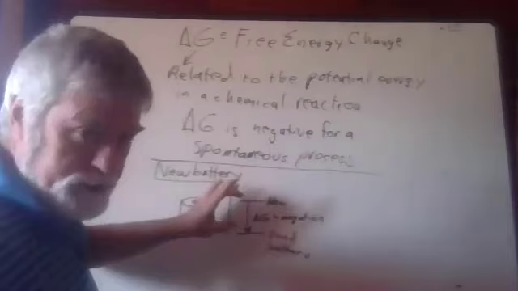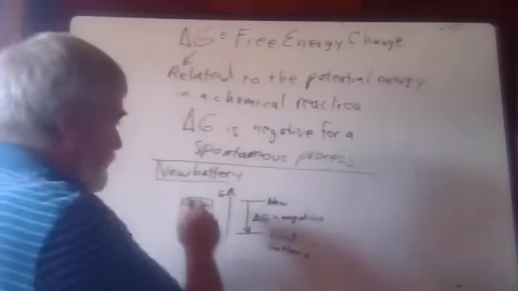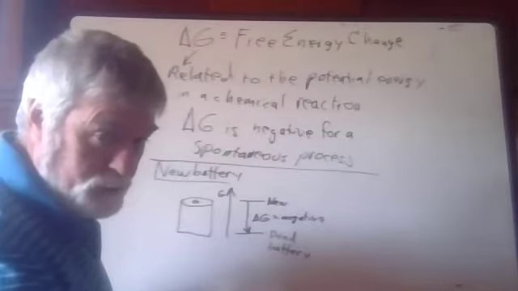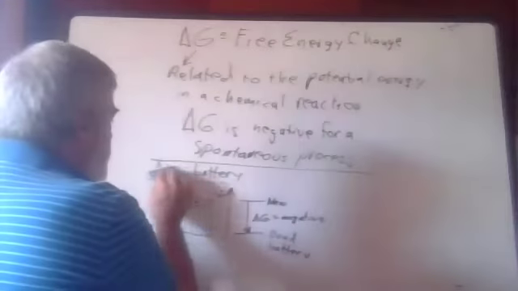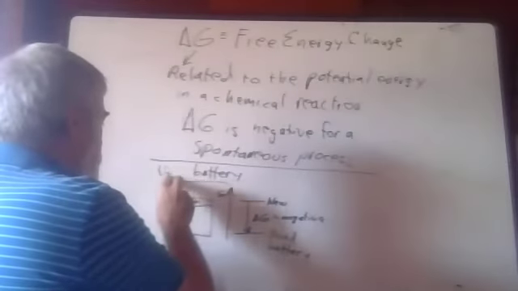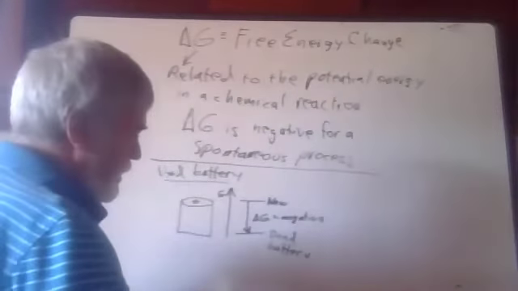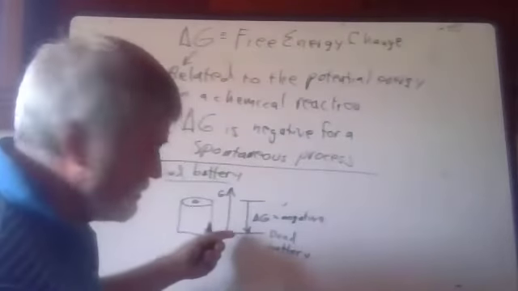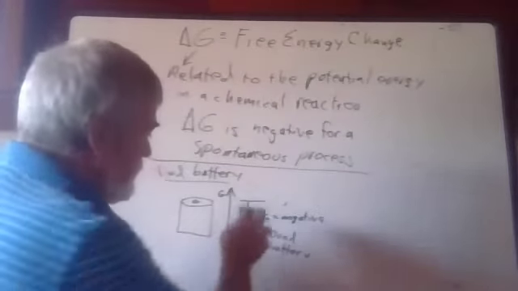We have that much to use. Now that's for a new battery. If the battery wasn't new, if it had been used a little while but wasn't dead, then the top line isn't as high. The bottom line's still where it would be if it was dead.